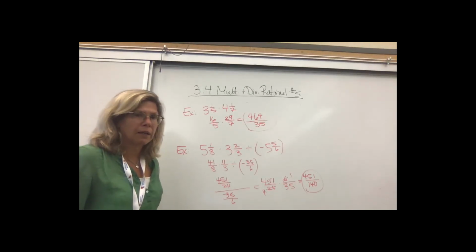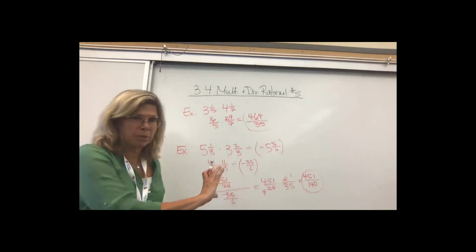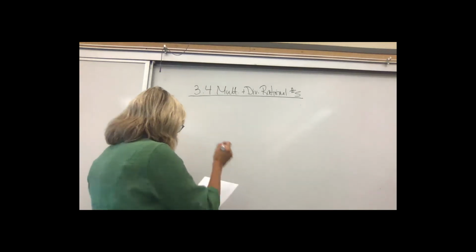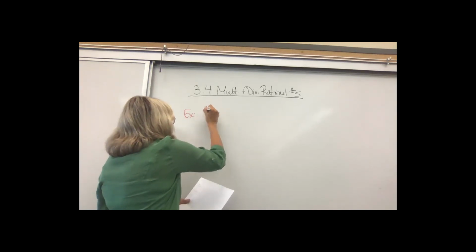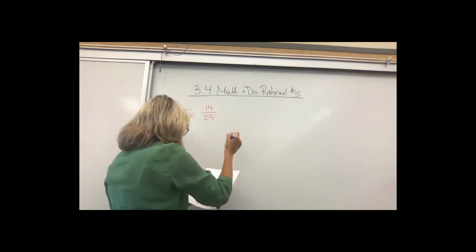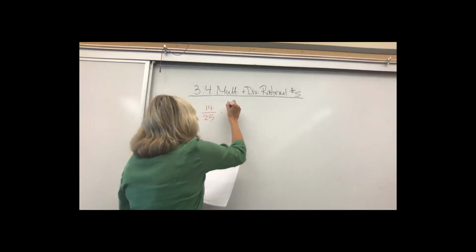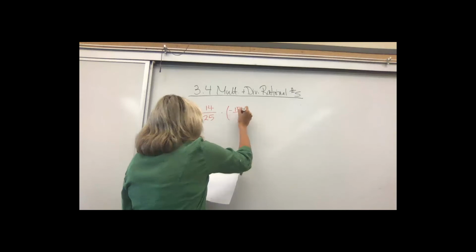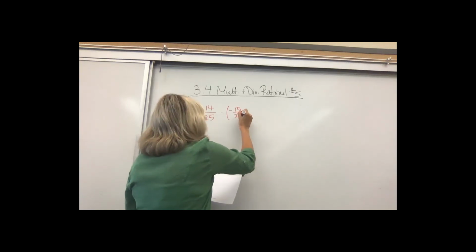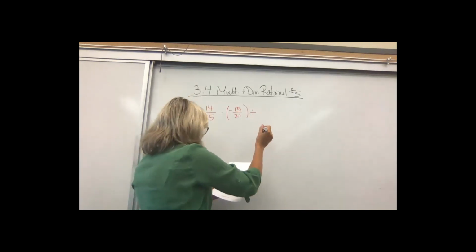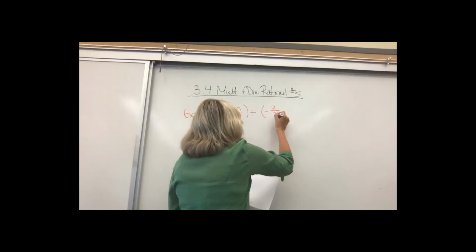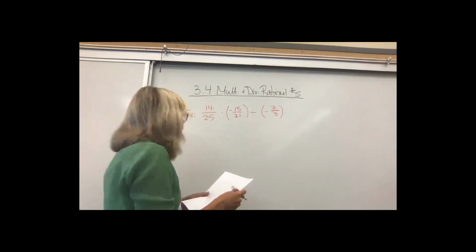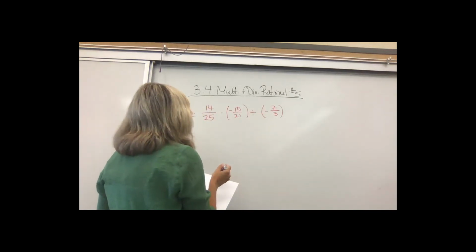Okay. You get the general idea. If you're dividing, you want to have the fraction as an improper fraction, and you flip it, and then you multiply. Suppose we have 14/25 times -15 over 21 divided by -7/3.